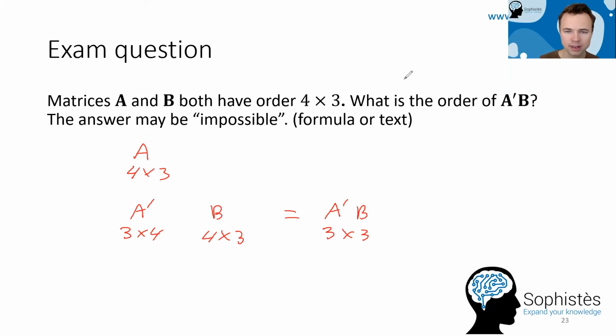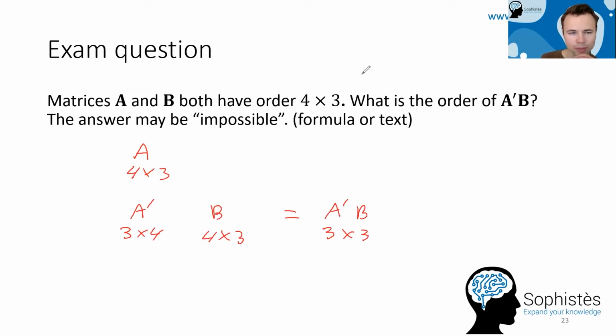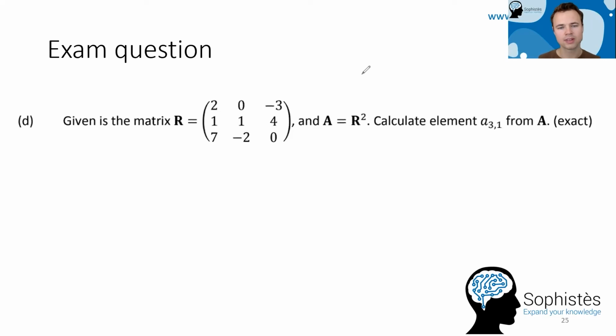Okay. Then one more question. So here you have to square matrix R. But remember, you don't have to calculate the whole matrix. They only want to have this element. So let's see if you also know how to find only this element.